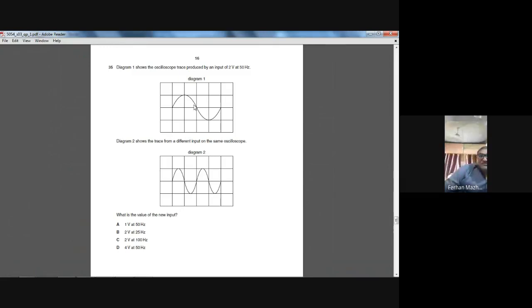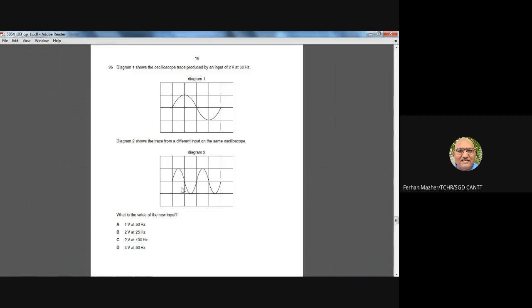Here in 1, 2, 3, 4, in the 4 squares, 1 wave is shown. And here in the 4 squares, 2 waves are shown. So it means its frequency is higher. Its frequency is double. Here in 4 squares, 1 wave was shown and its frequency was 50 hertz.